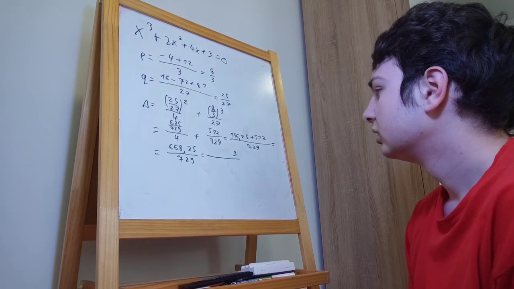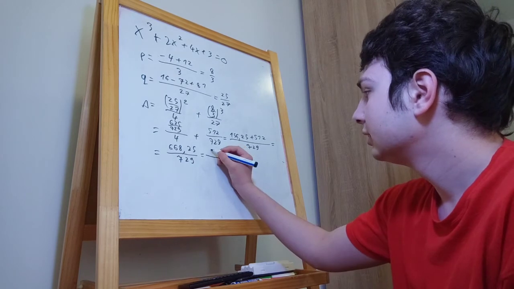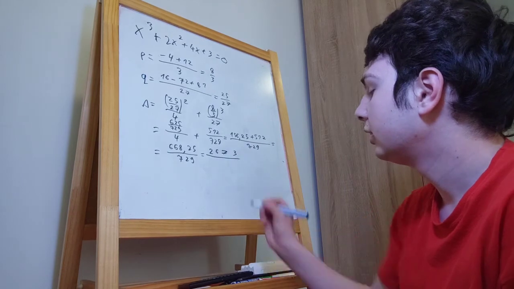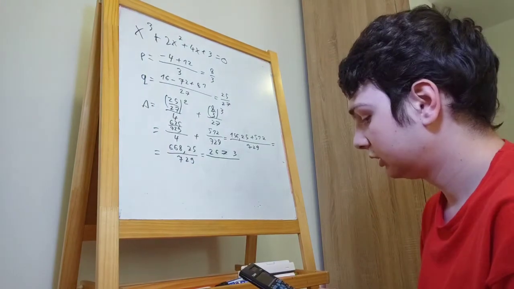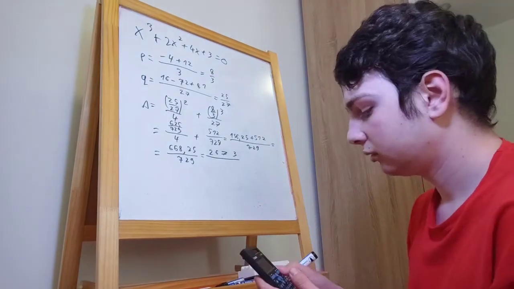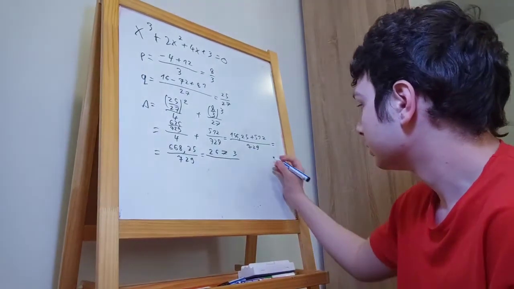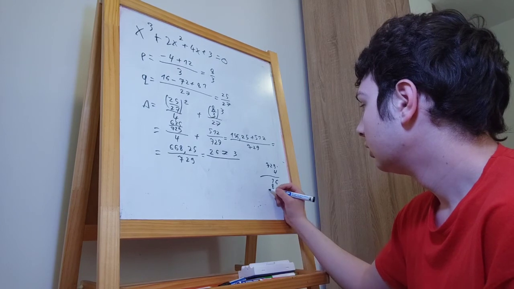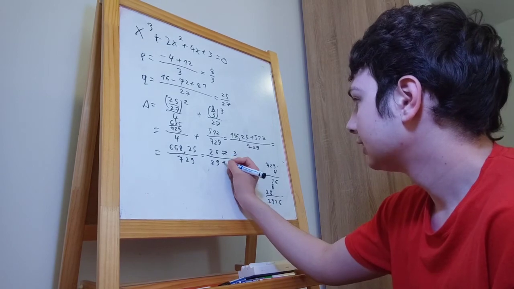Let's quickly check on our calculator. 260 divided by 4. Yes, that's good. And that is over 2. Wait, let me think a bit. So 729 times 4, that's 2916, over 2916.